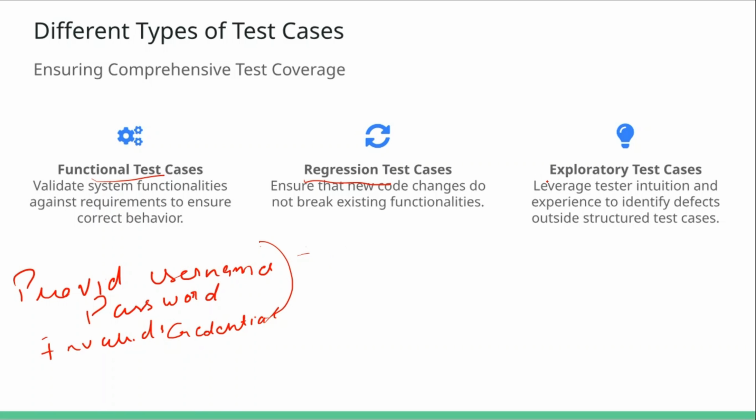Exploratory test case. Like I said, your test case should be structured. But in case of exploratory testing, you have not thought it out before. So you are exploring your functionality, and then you are writing your cases.